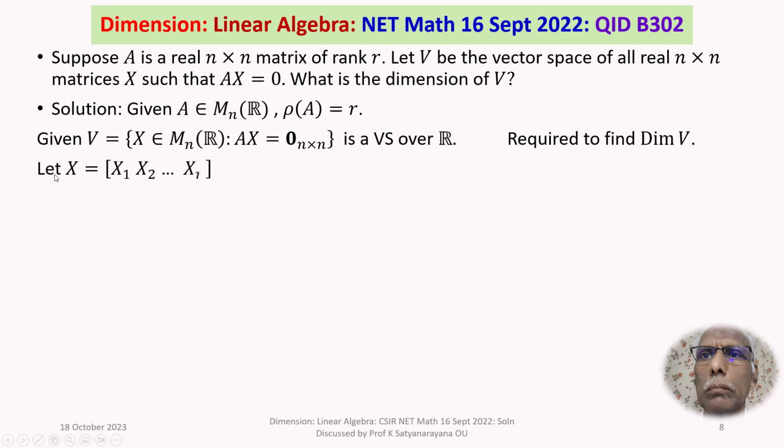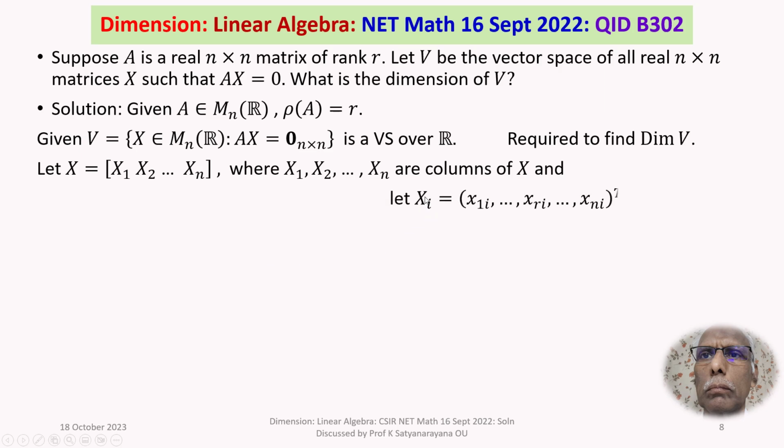Right. Let us write capital X as that n by n matrix with real entries, as the matrix with n columns x1, x2, ..., xn, where x1, x2, ..., xn are columns of X. Let us write xi, the column vector, as (x1i, x2i, x3i, ..., xni) transpose, for i equal to 1 to n.